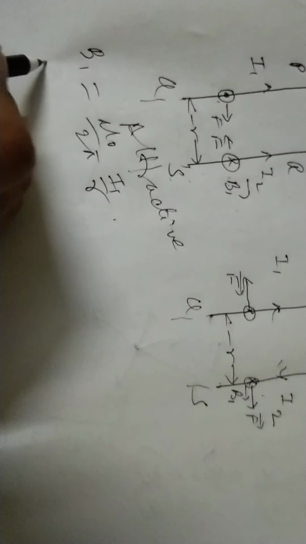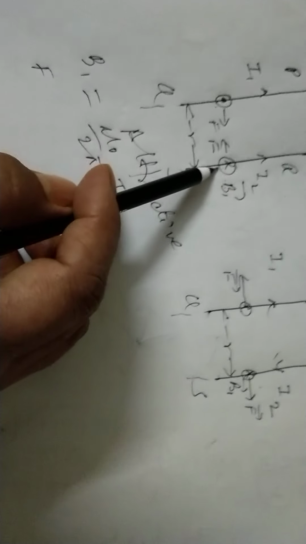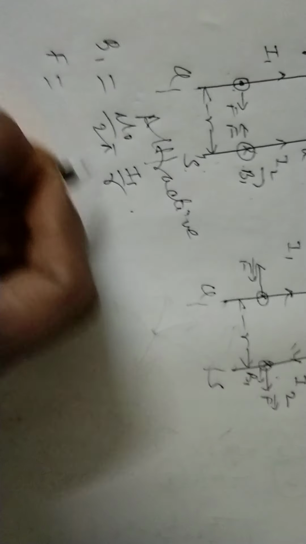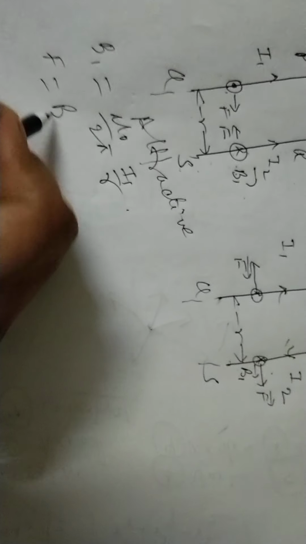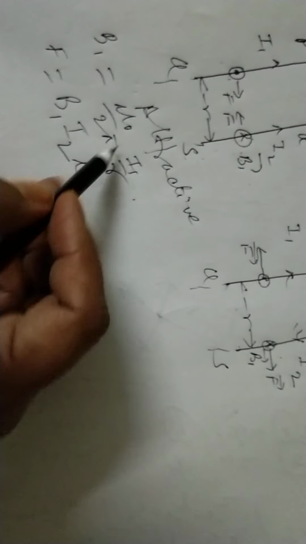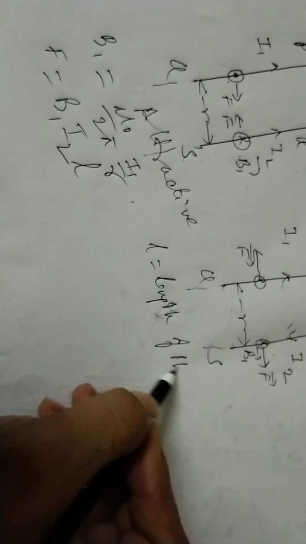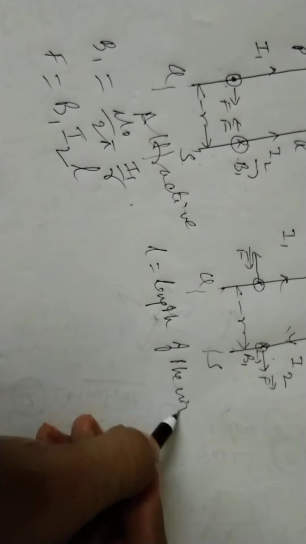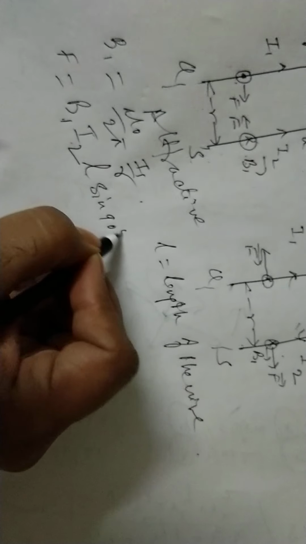So the magnitude of the force F, because of this wire, the magnetic field will be B1, the current will be I2, and the length of the wire let us suppose we have taken as L. L is the length of the wire. So it is B1 I2 L sin theta, and theta is 90 degrees. If you see, the angle between them is 90 degrees.